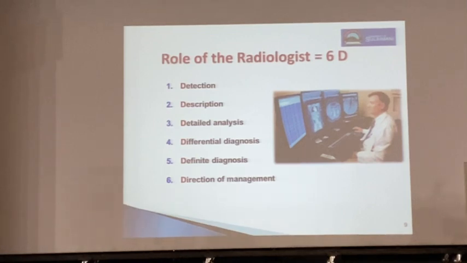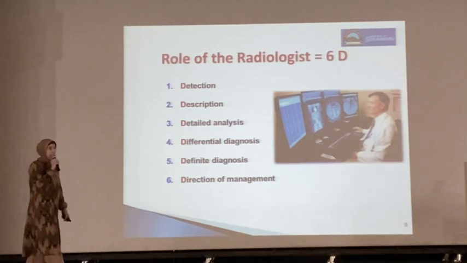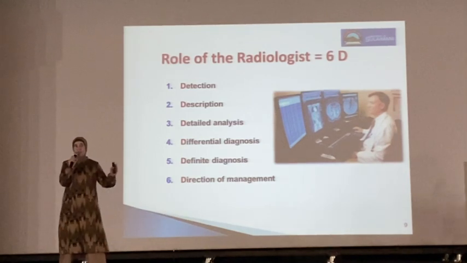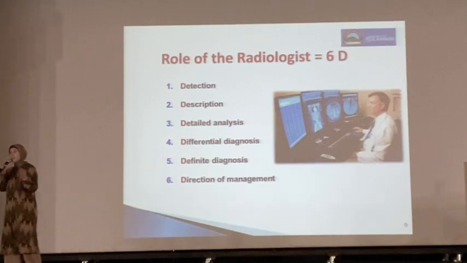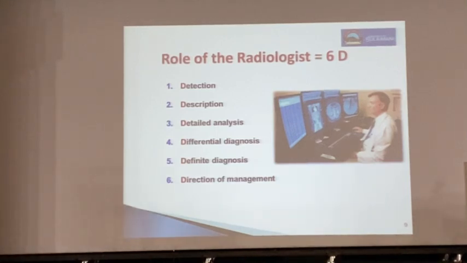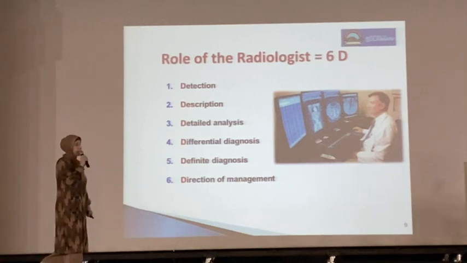Then detailed analysis, giving the differential diagnosis or diagnoses, then, if it is possible, making a definite diagnosis, and finally, direction of management. These are the roles of the radiologist: detection, description, detailed analysis, differential diagnoses, definite diagnosis, and finally, the direction of management.